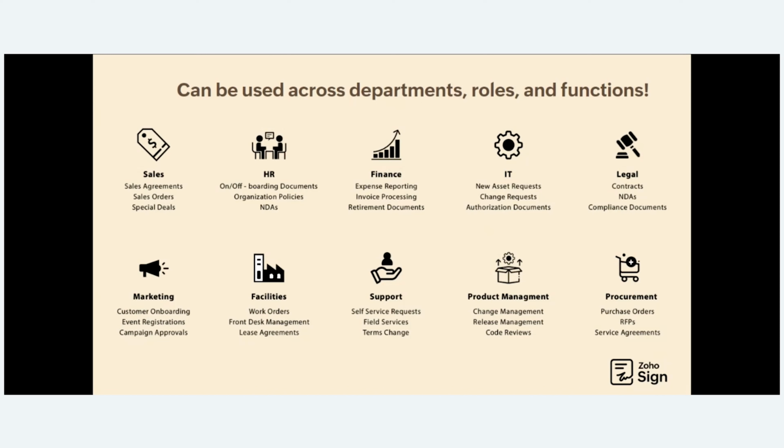All this can be easily done online using an automated workflow in Zoho Sign. There are several more use cases, and this is just barely scratching the surface in terms of what we see our app being regularly used for.